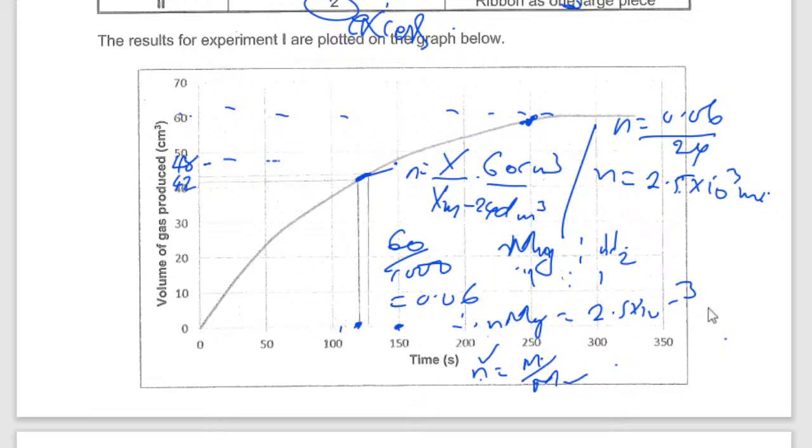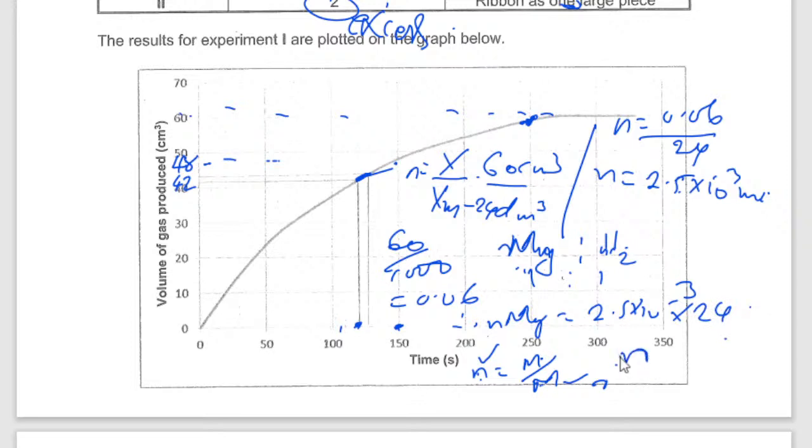I go to the periodic table. On the periodic table, it was found out that magnesium is 24. Yes, magnesium is 24. So to find the mass, it is going to be molar mass times number of moles. So I'm going to multiply here by 24.